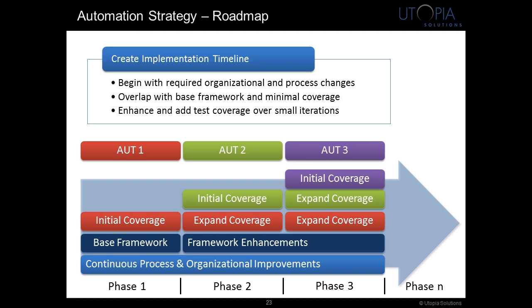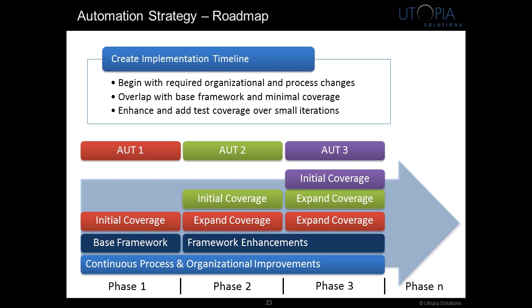Typically, the first phase includes high priority recommendations that come out of this type of assessment. Your base framework, which would be all the stuff that your automation solution does that's independent of the application, and some initial test coverage or testing activity coverage that proves out both the foundational process and organization stuff and the framework.